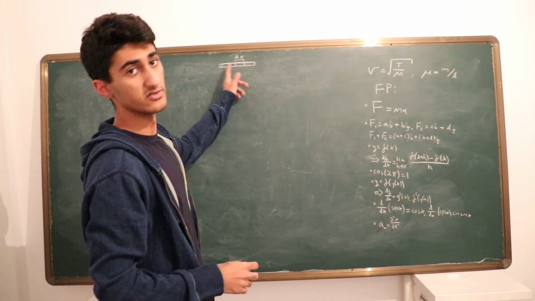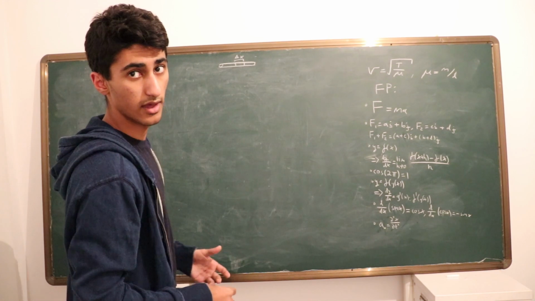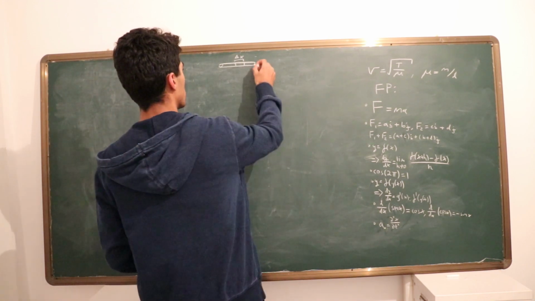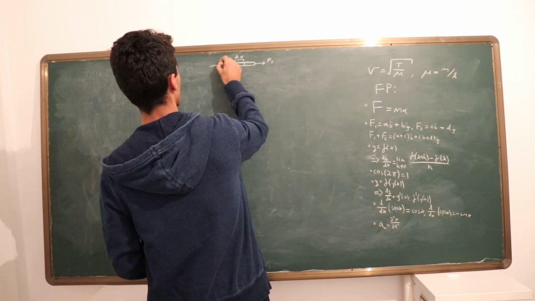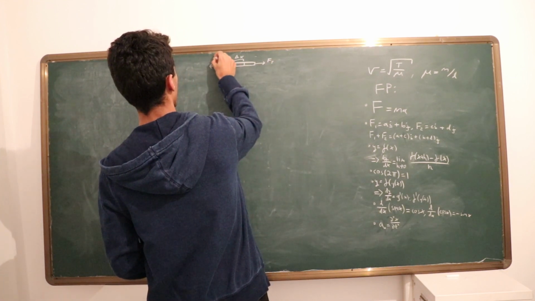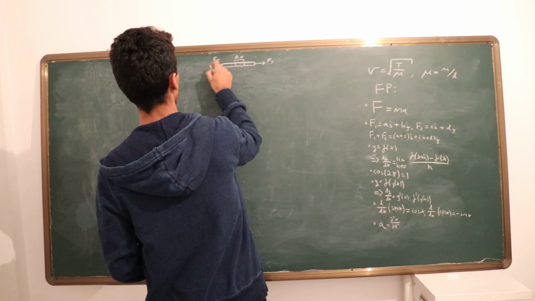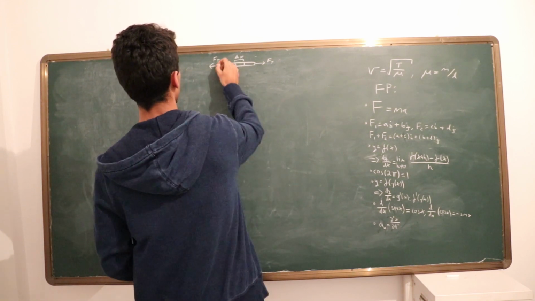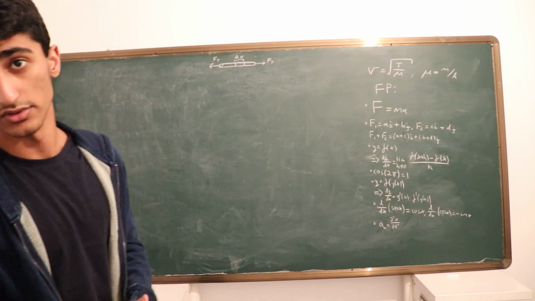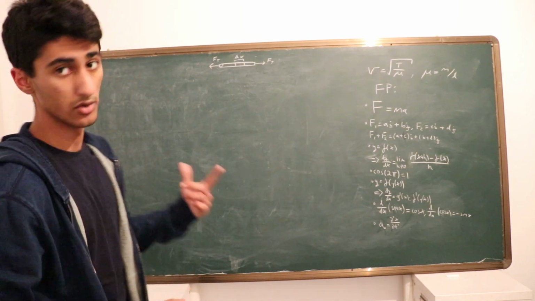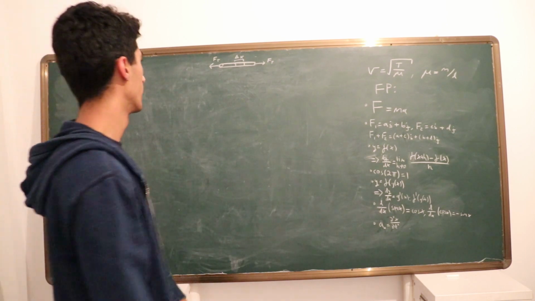Now consider this piece of string. Imagine that it's a guitar string. It's going to be taut under equal and opposite forces of tension on both ends, so it's not moving.